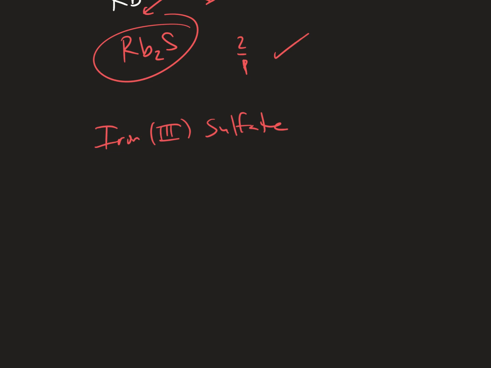Which is ClO4 minus. C, capital C, lowercase l, O, capital O before the 4, and then 4. That was the minus charge. And then what was that called? Perchlorate. Thank you.